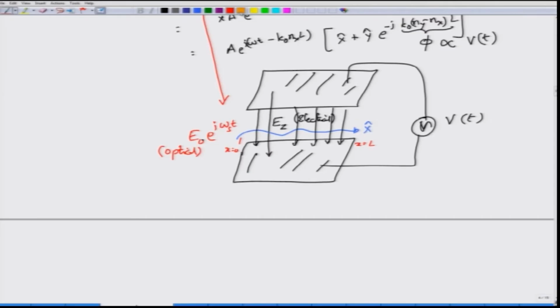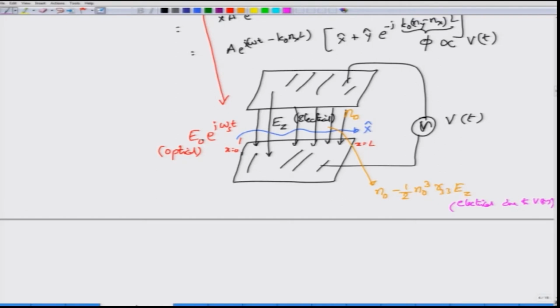The refractive index of the medium before the application of the voltage V of t is N0, but after you have applied the voltage, the refractive index inside this region, between x equal to 0 and x equal to L, becomes N0 minus 1 by 2 N0 cube R33 Ez, where Ez is the electrical signal due to V of t. So, there is this electric field which is generated because of the applied voltage V of t, and that electric field Ez will affect this particular refractive index.